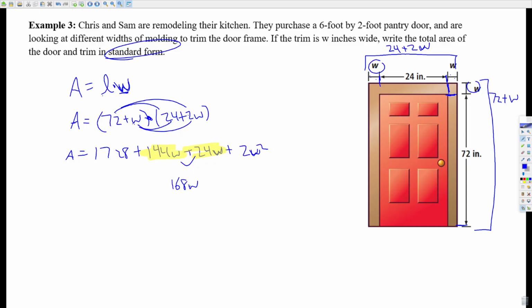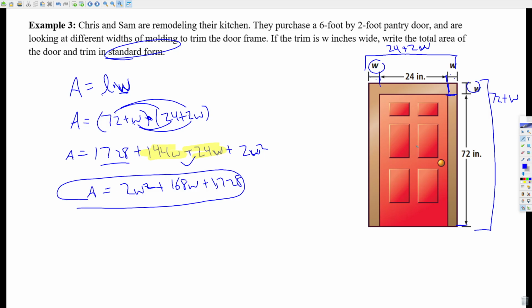And we'll keep that one in the middle. And then this one's going to go at the end, the plus 1728. And then this one will go up front. So 2W squared plus. And now that would be in standard form. And that would represent the total area of the door plus the whole entire trim around it.